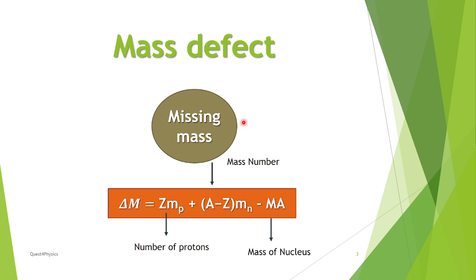This missing mass is known as mass defect, and it accounts for the energy release. Mass defect is denoted by this term, where Z represents the number of protons, m represents the mass of protons, and the mass defect can be calculated by subtracting the actual atomic mass from the sum of the masses of protons and neutrons present in the nucleus. So this is the equation which presents how we can find the missing mass, or the mass defect.